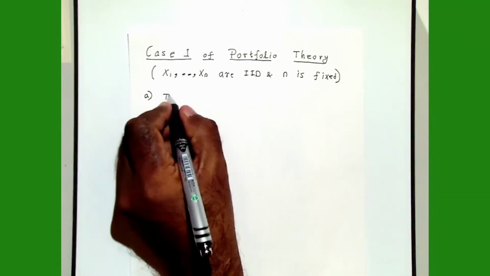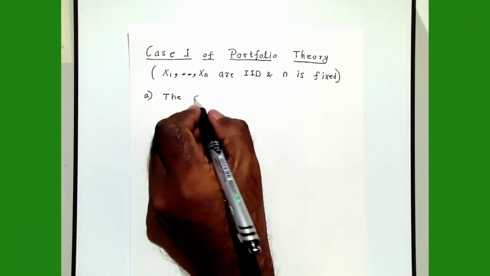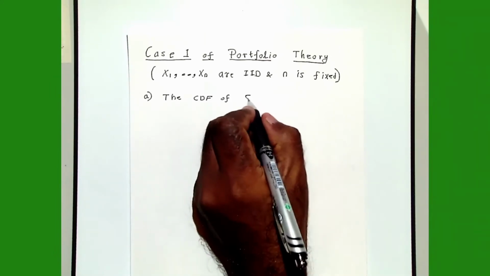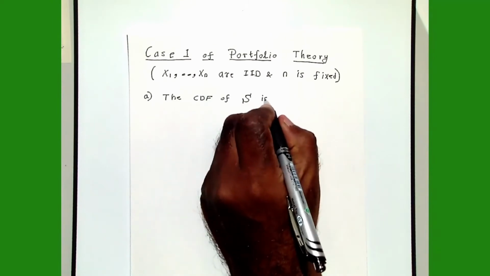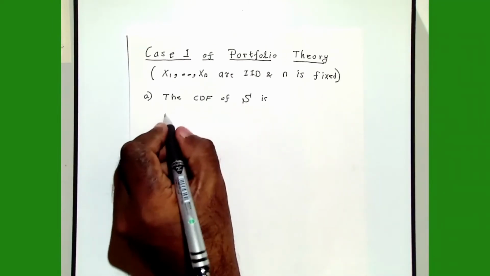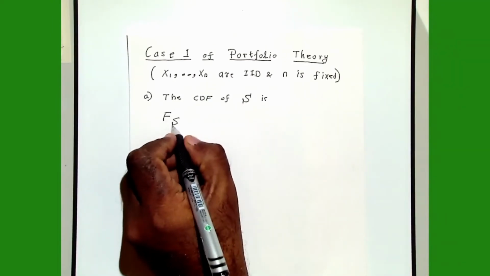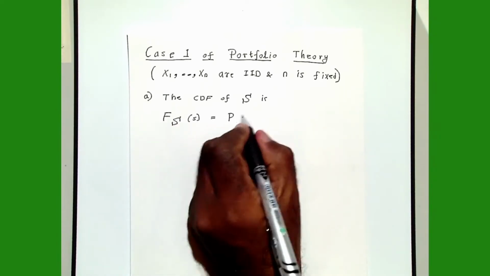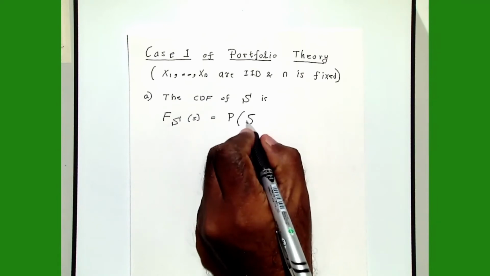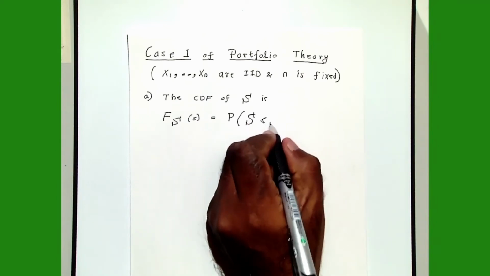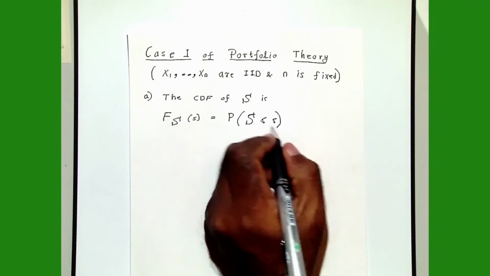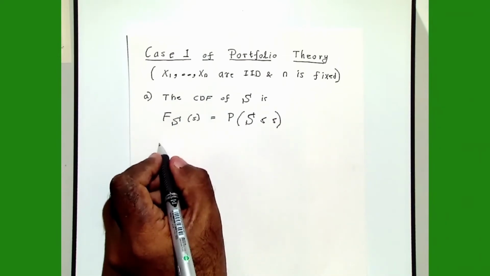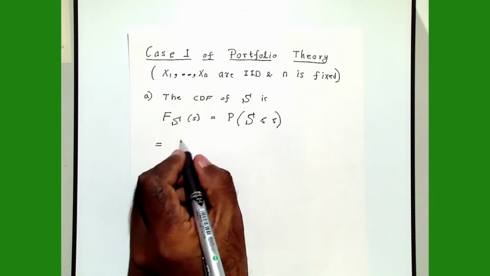So I'm going to write down the cumulative distribution function of S, which is given by this. By definition, it is the probability that capital S is less than or equal to a fixed number, little s, and this you can write as follows.